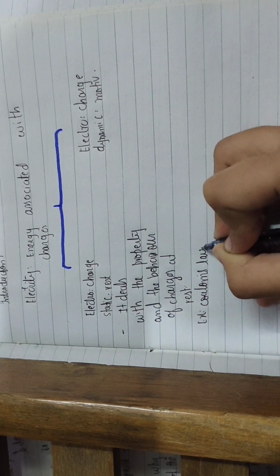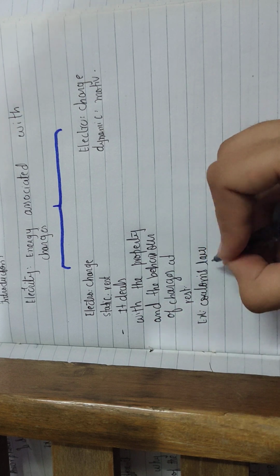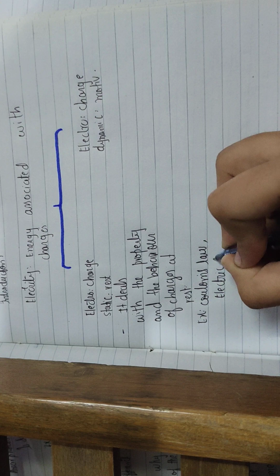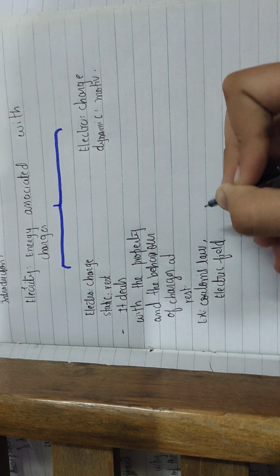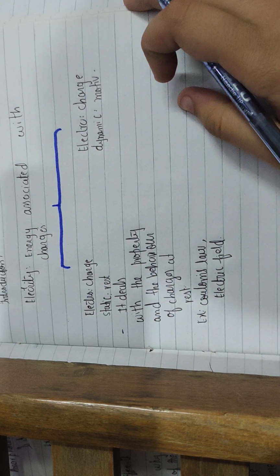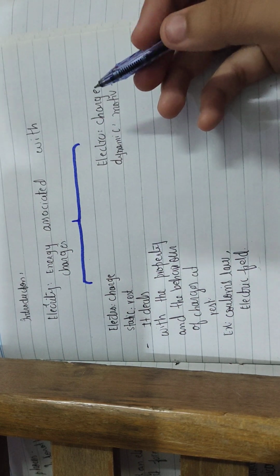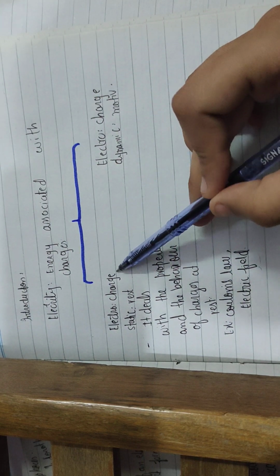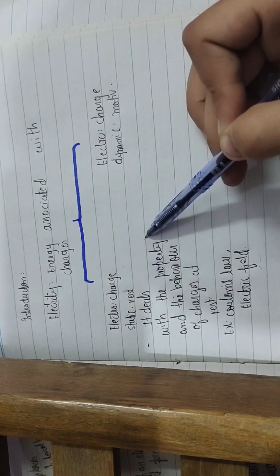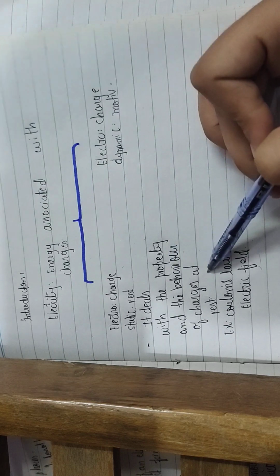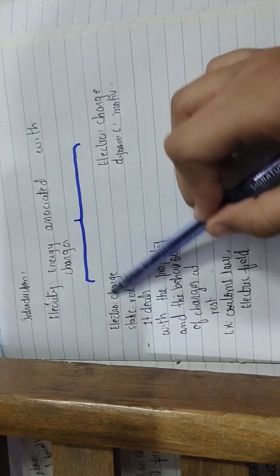We'll be discussing that as well, so don't worry about Coulomb's law. And the electric field is the region where a charge experiences a force. We'll discuss that in detail as well. Electrostatics means the charges are at rest and behave as charges at rest.